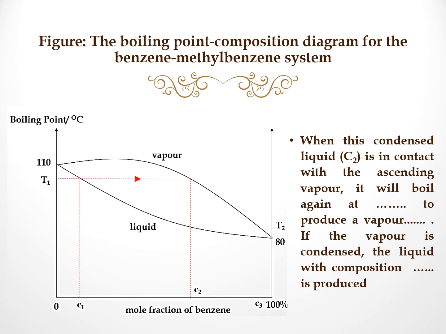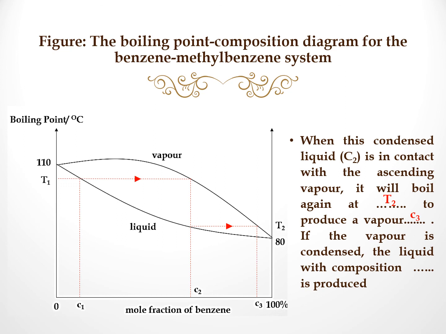So when this condensed liquid C2 is in contact with the ascending vapor, it will boil again at T2 to produce a vapor with composition C3.